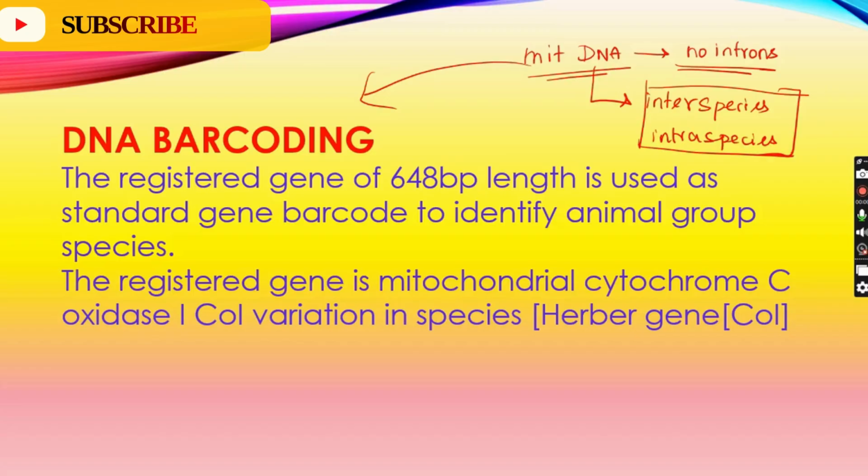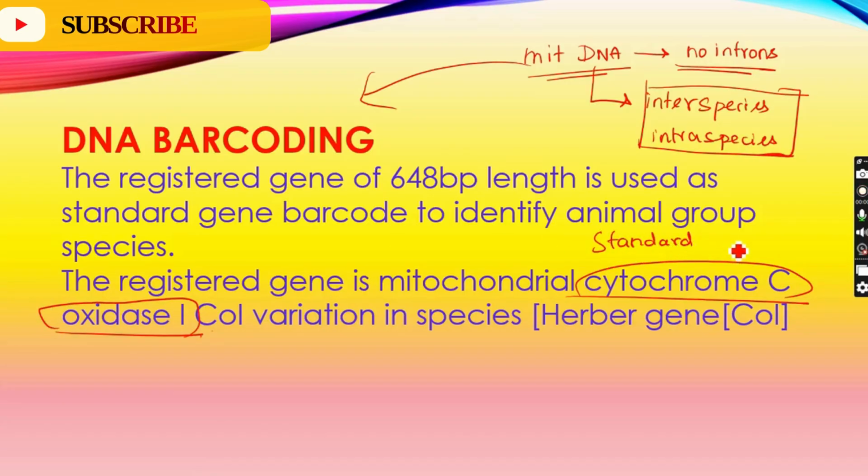The mitochondrial DNA has many genes. Among these genes, the important gene cytochrome C oxidase 1 is going to be used as a standard gene. This is going to be a standard registered gene. It is going to be a reference to identify the species.